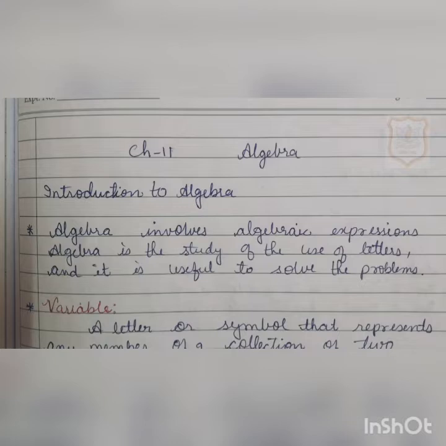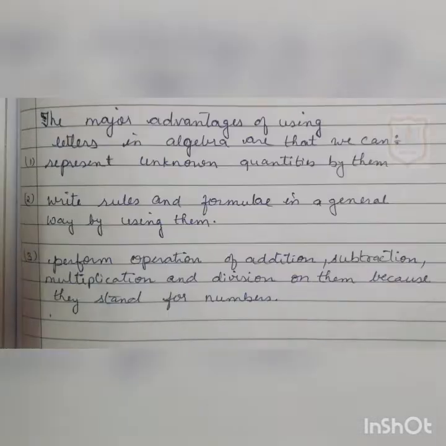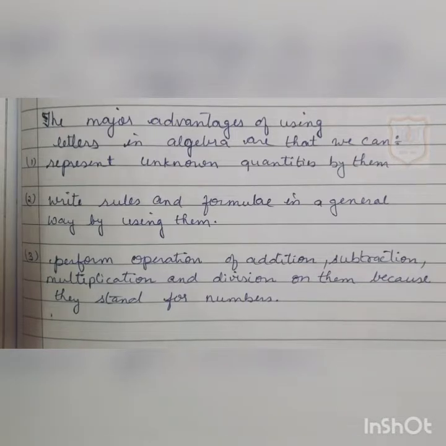It is called algebra. The main feature of the new branch which we are going to study is the use of letters. Use of letters will allow you to write rules and formulas in a general way. By using letters, we can talk about any number and not just a particular number. Secondly, letters may stand for unknown quantities.